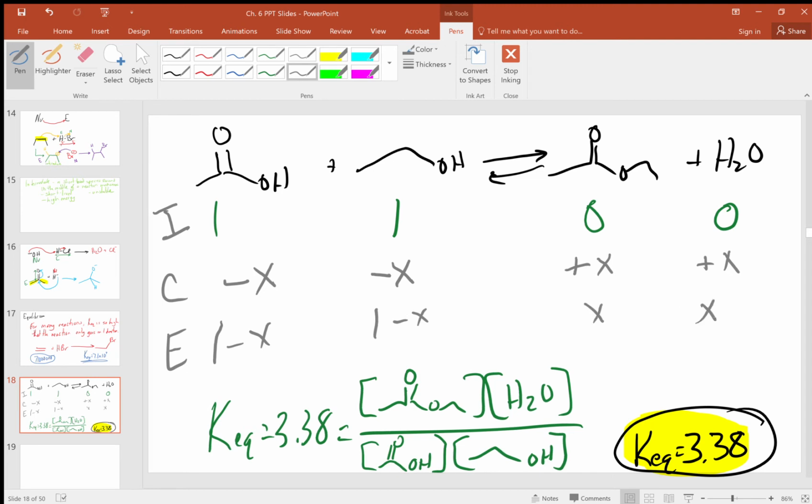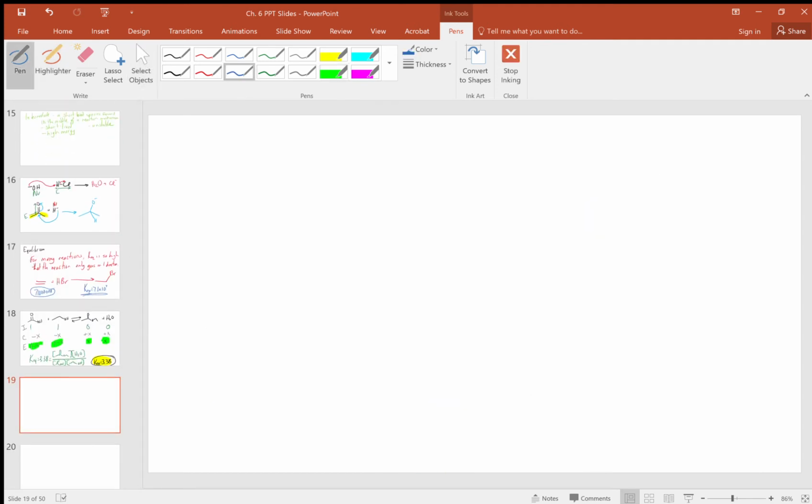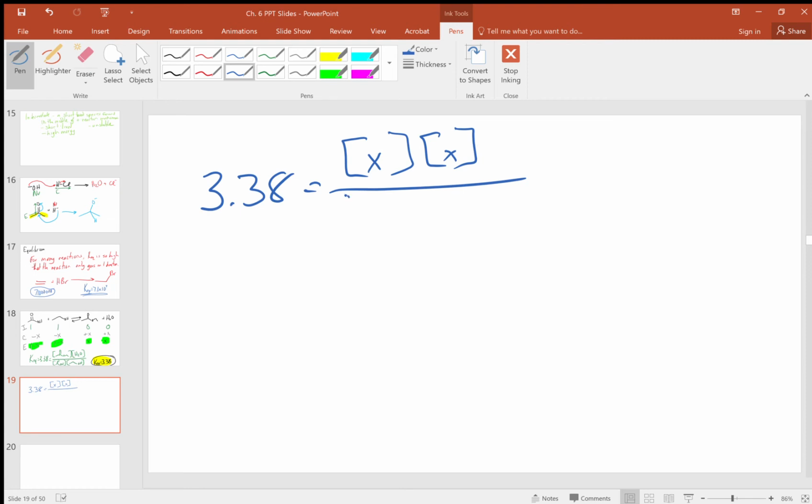So we can plug in our equilibrium values, like that. And then we can expand.